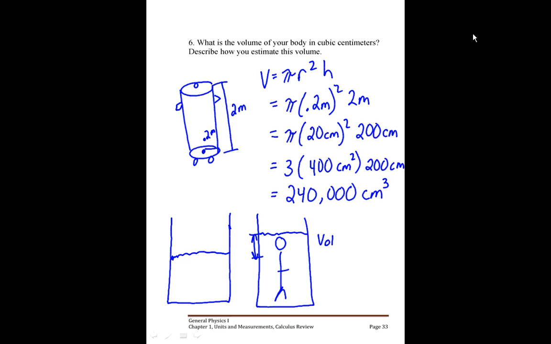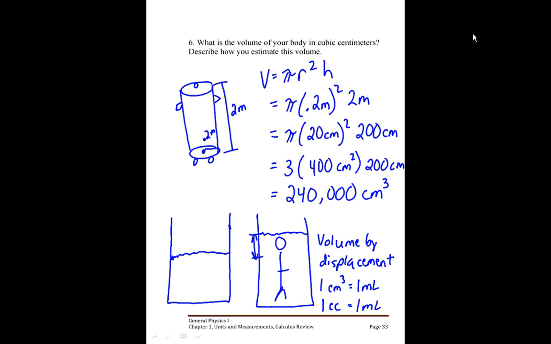We'll do this in the lab later in the semester, and we'll talk about it. But the interesting thing is that, by design actually, 1 cubic centimeter is equal to 1 milliliter. In fact, 1 cubic centimeter we often call just a cc. 1 cc is equal to 1 milliliter.